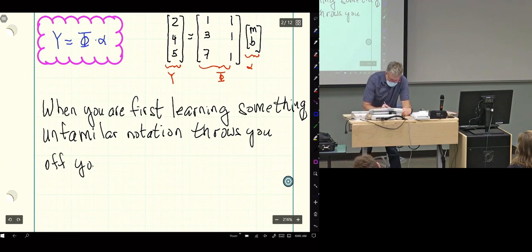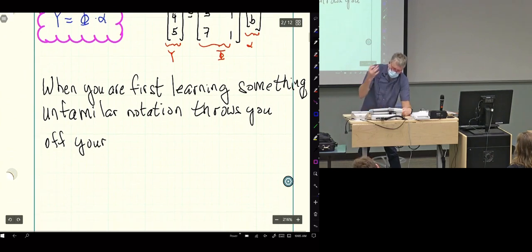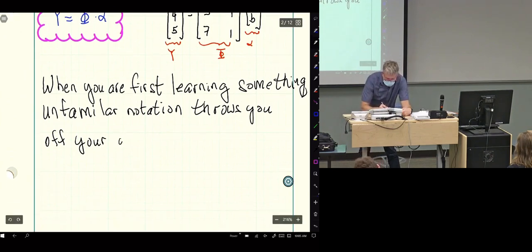So let's put this in notation that we're more comfortable with in Rob 101. Whoops, off your game.